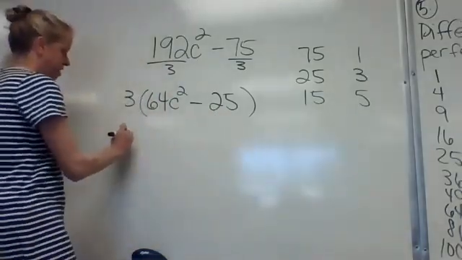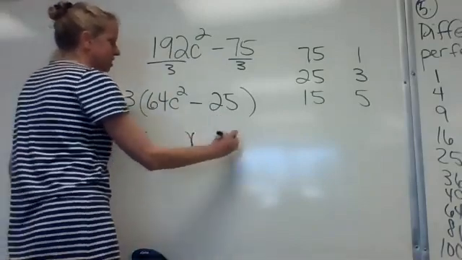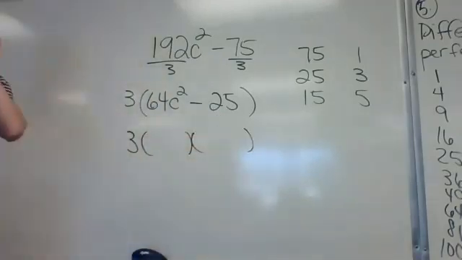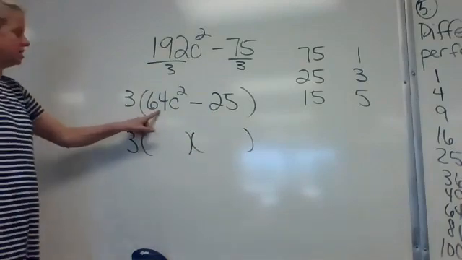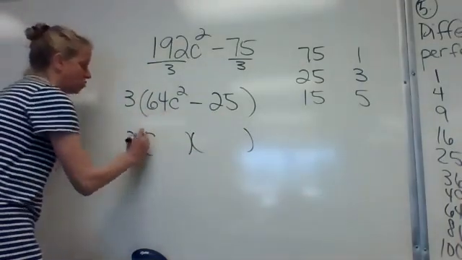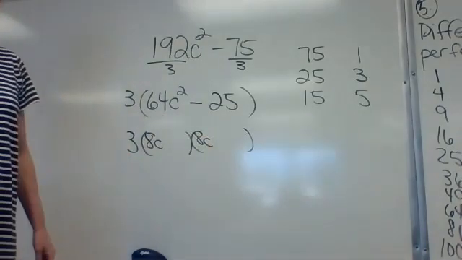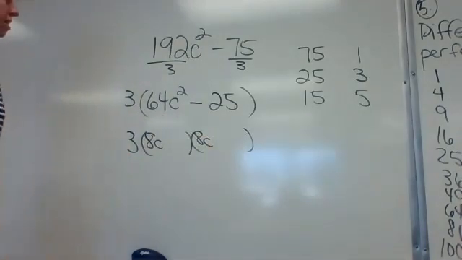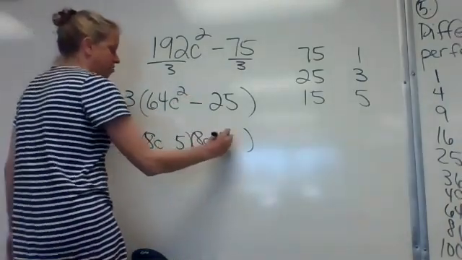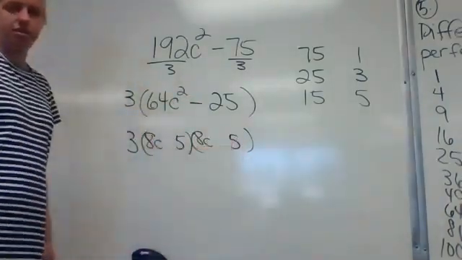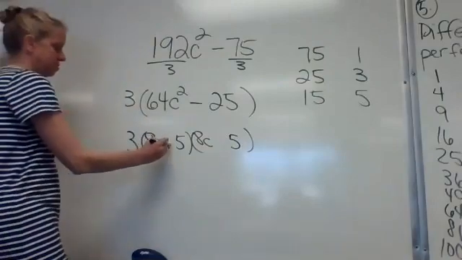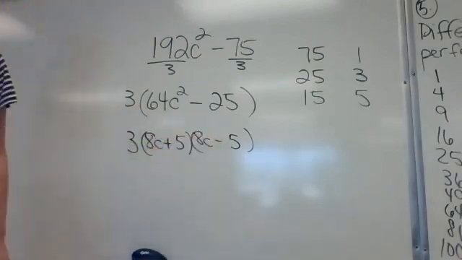So I bring down my 3, and then what's left in here is a difference of perfect squares. To get 64c squared, I will use 8c, 8c. To use 25, I'll use 5 and 5. And what do you know about the signs? Plus, minus.